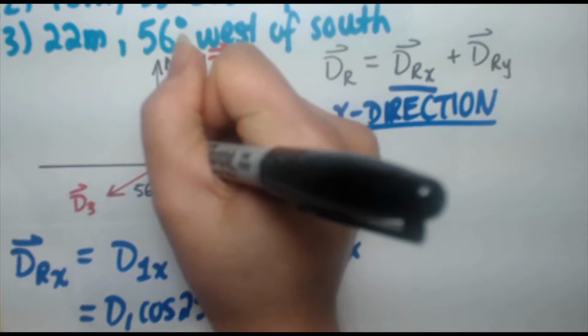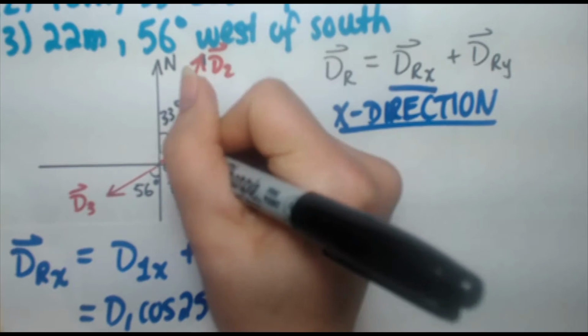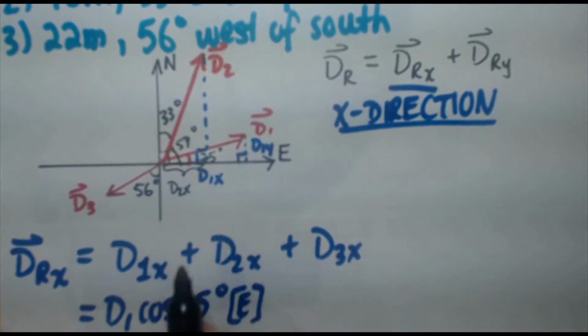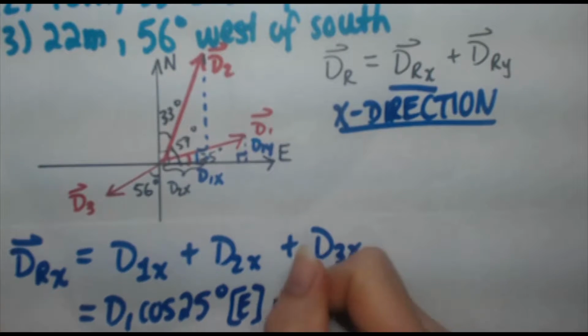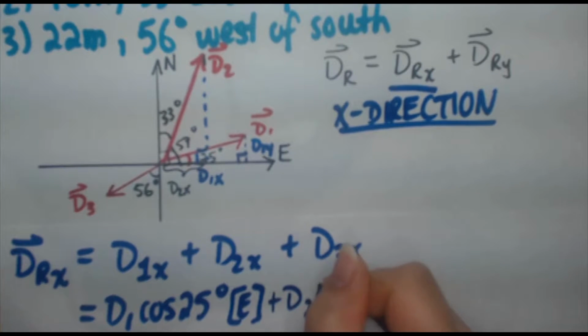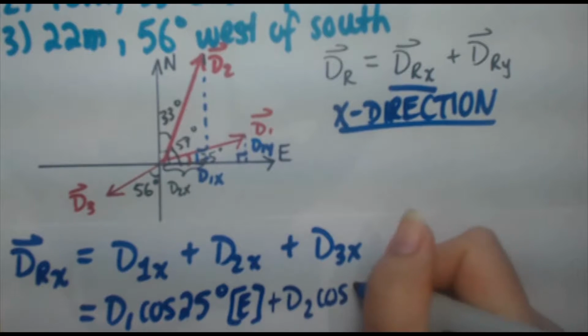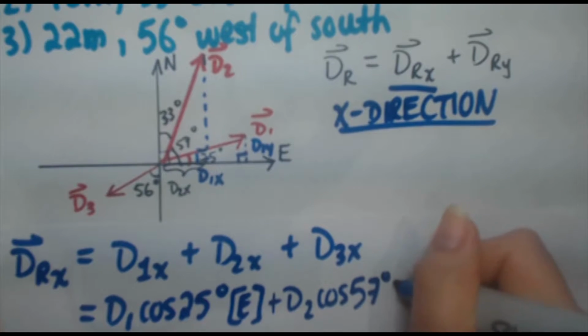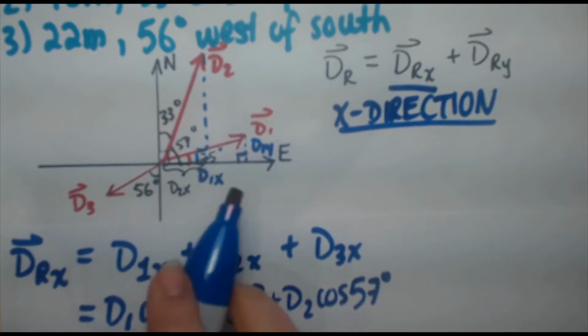So we're looking at the cosine, the adjacent of this angle, which becomes the cosine of 57 degrees. Okay, so plus d2 cosine 57 degrees, and notice it's also going in the east direction.